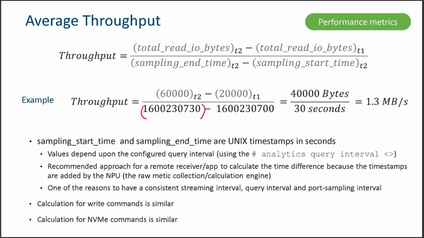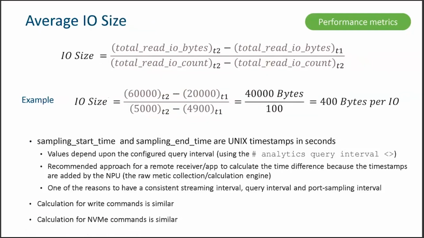Similar to that, not exactly. Average IO size, again, look, even though yesterday we talked about the IO size being carried in the header, remember our query interval can be more, right? We are exporting every 30 seconds.